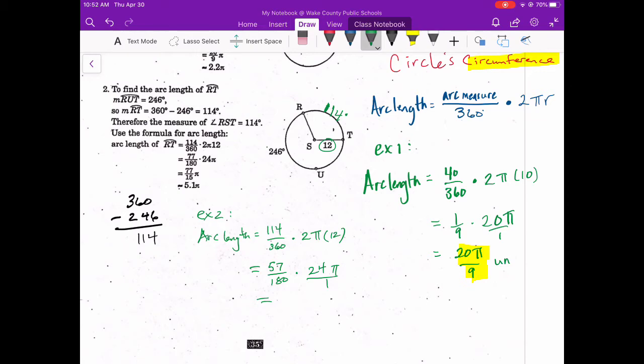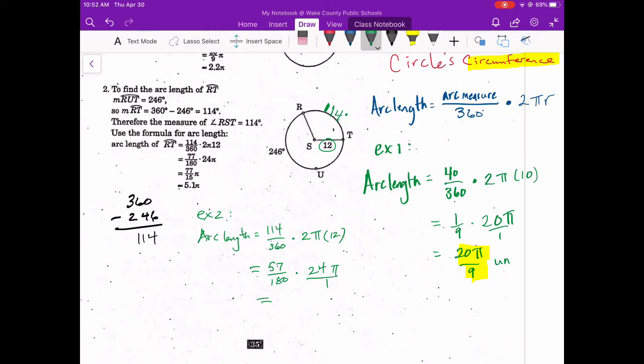Sorry, 57 times 24 is 1,368 pi over 180 on the bottom. Probably could have simplified that from the start. Actually, let's go back and do that. I apologize for the haste here. Let's try that one more time. 24 and 180 have a common factor of 12.